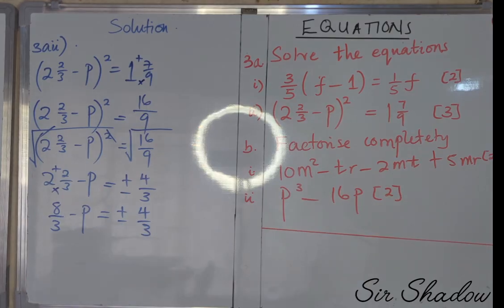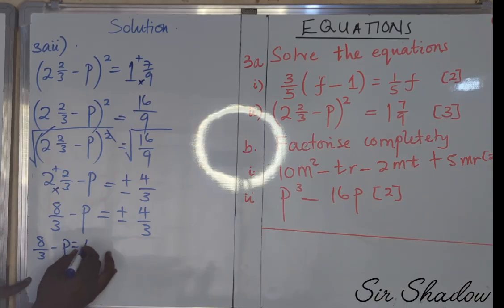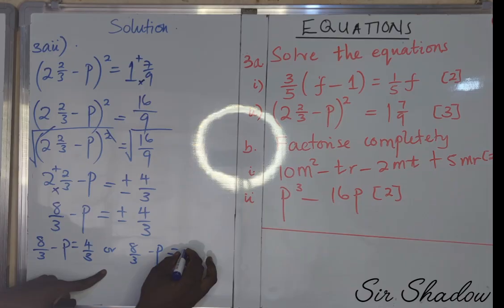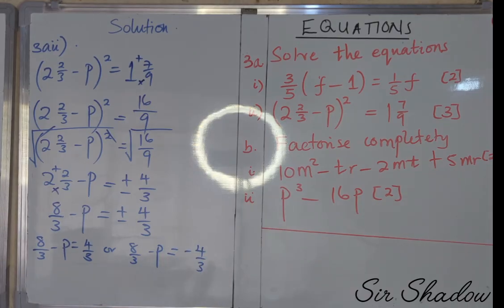So we want to produce two equations from this. For the first one, we say 8 over 3 minus p equals 4 over 3. For the second one, 8 over 3 minus p equals minus 4 over 3. All right, let's proceed.